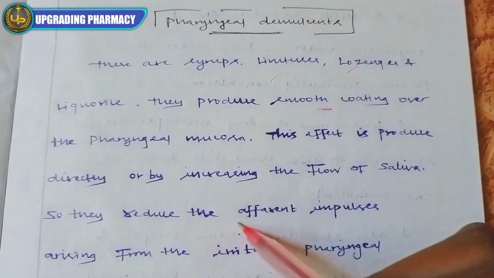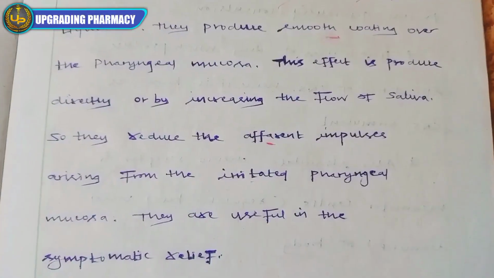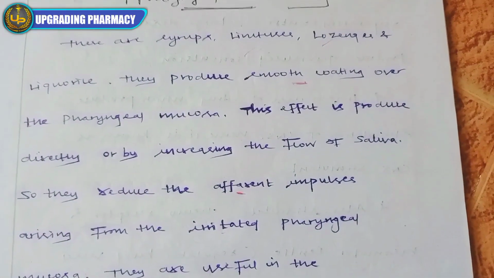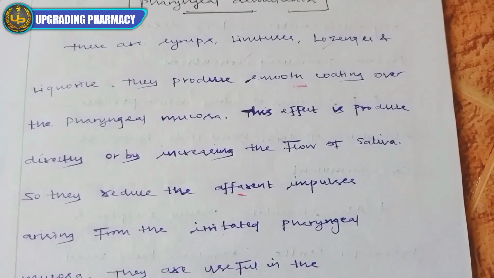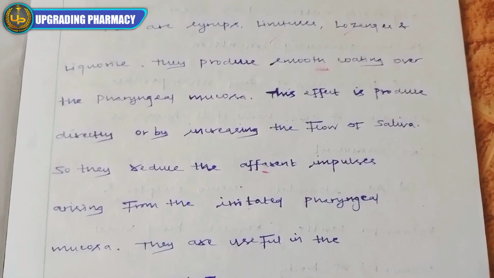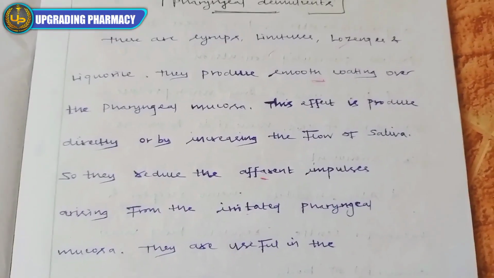They reduce the afferent impulses arising from the irritated pharyngeal mucosa. Because of that action, the afferent impulses from the irritated mucosa to the cough center will be decreased, so the cough will be decreased.